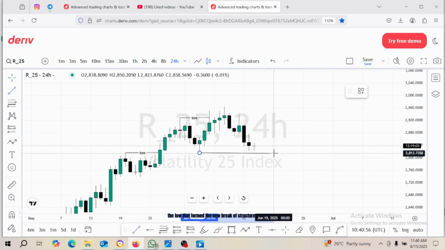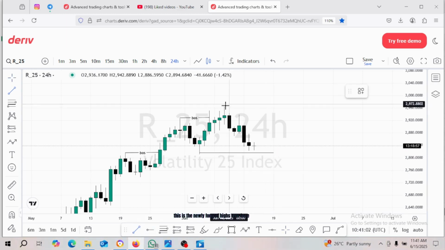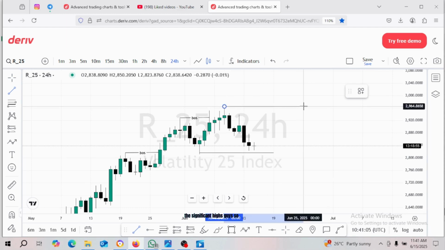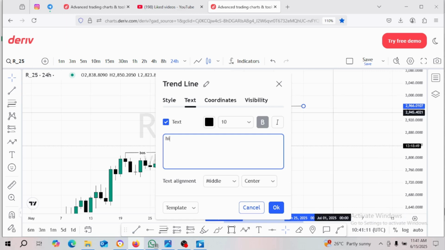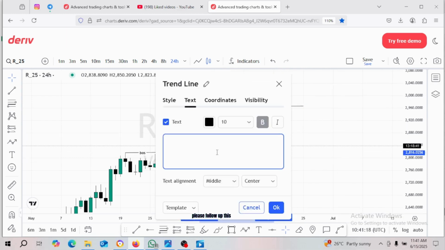This was the low that formed the new break of structure to the upside, and this is the newly formed high over here, the significant high, guys. So this is the high, and this is my low, right, guys? Please follow up. This is my low.